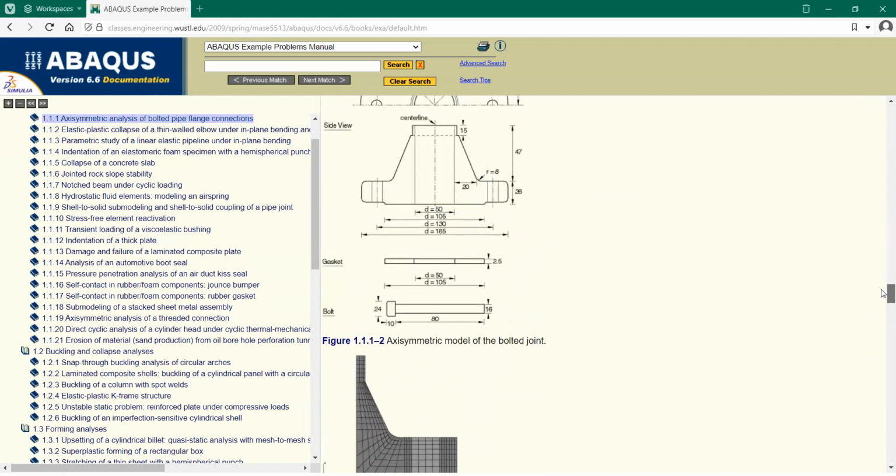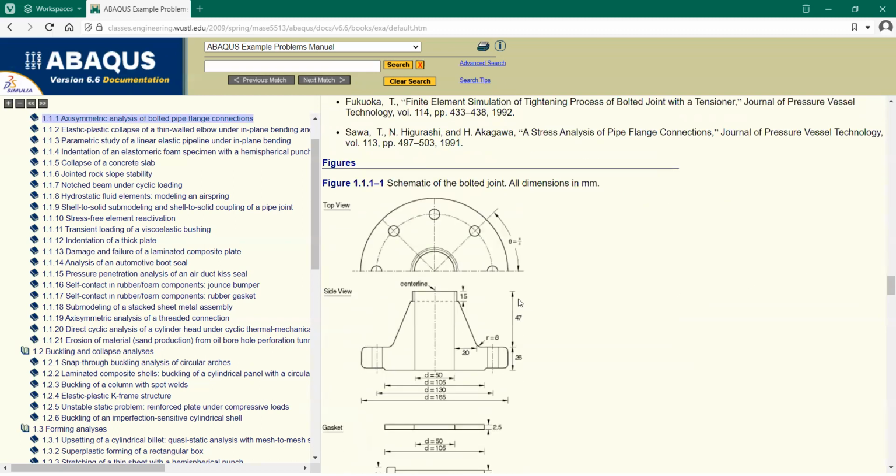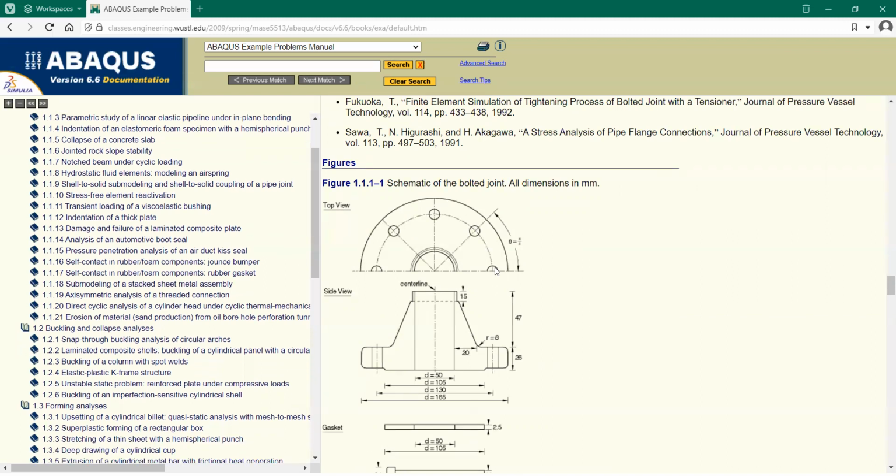So here what you see is there are 1, 2, 3, 4, 5. So there are 8 bolts. So 360 divided by 8. How much is that?